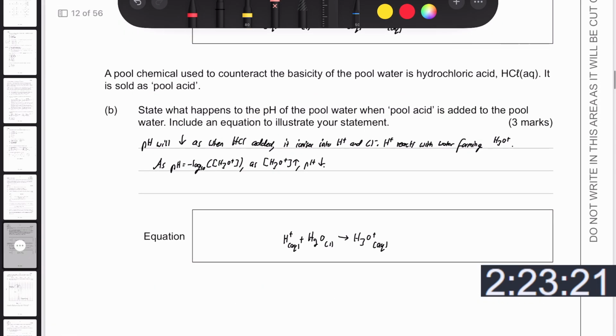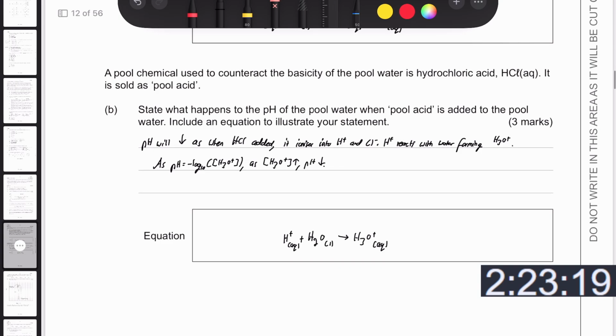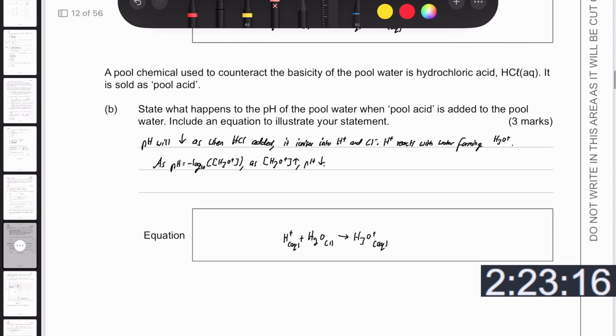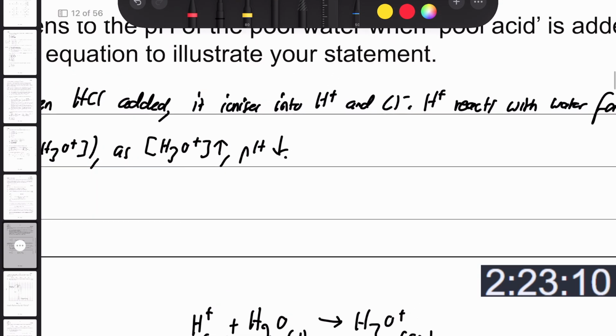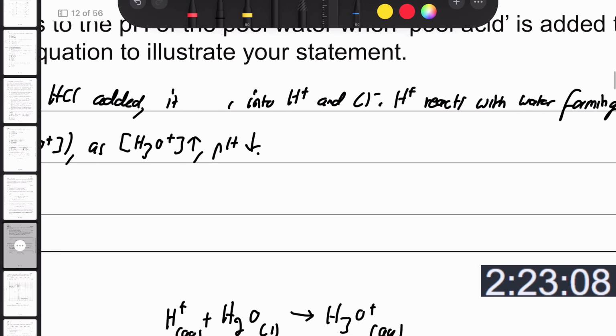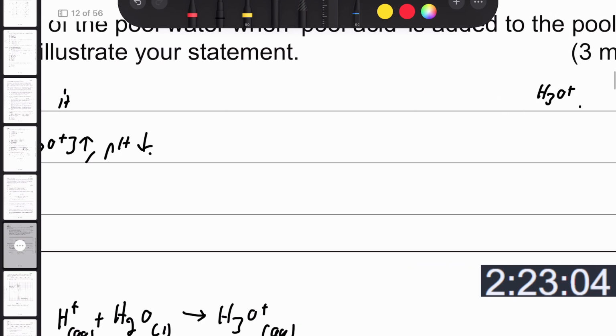Not sure if here it donates, maybe I should use Brønsted-Lowry, donate H plus to water.